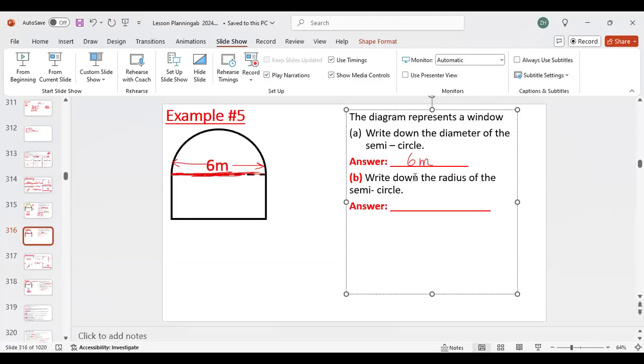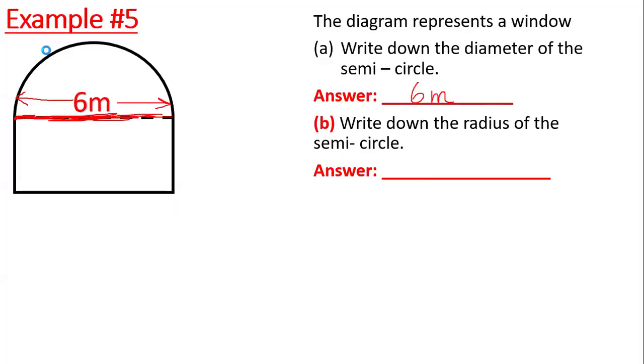So you want the radius of this semicircle. We already know the diameter is 6 meters. So what is the radius? Let me check the chat and see. Excuse me, Mr. Petit, can I say the answer? Harmony? Yes. What's the radius? 3. 3 meters, right? How did you get 3 meters?